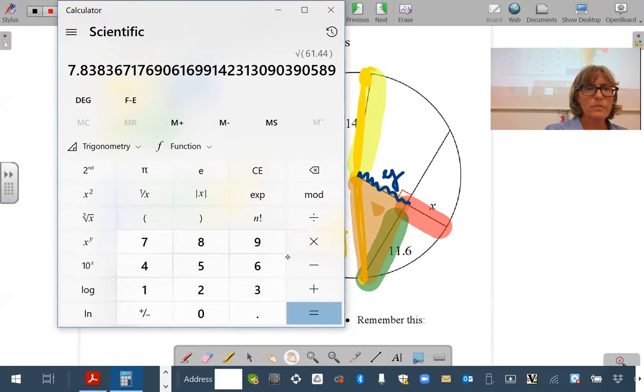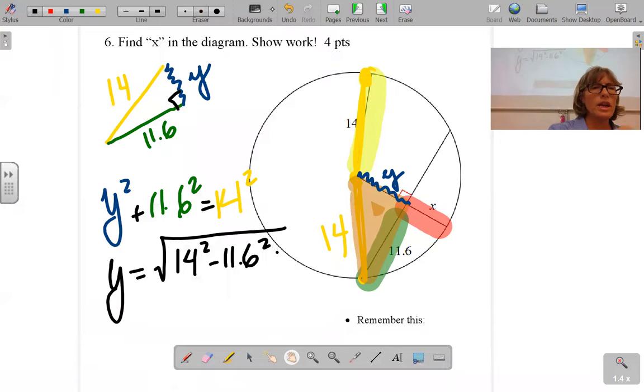Square root. So we get 7.8. That is not your final answer.